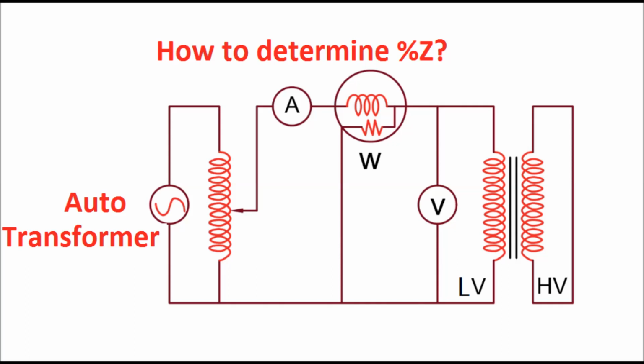A voltage supply is given from the auto transformer and the voltage is gradually increased until the full load current flows on either side of the transformer, keeping HV shorted. At the voltage at which the full load current flows, this voltage is recorded by means of a voltmeter. So we get this value of the voltage, and we also know the rated voltage. So the percentage impedance of the transformer is this voltage divided by the rated voltage.